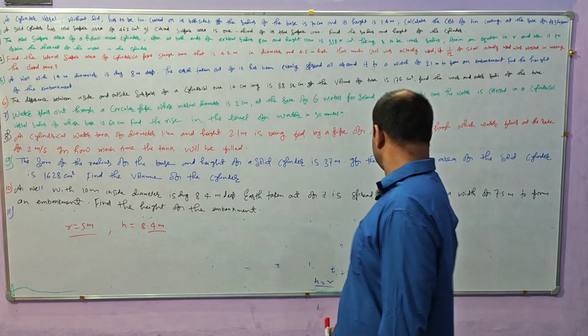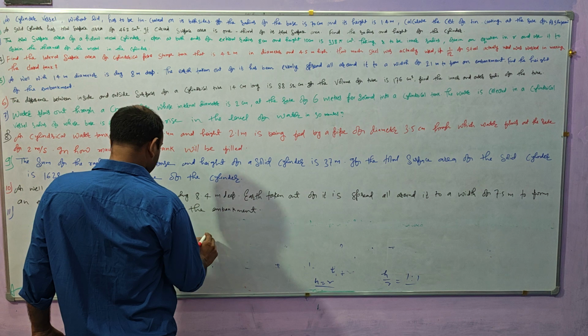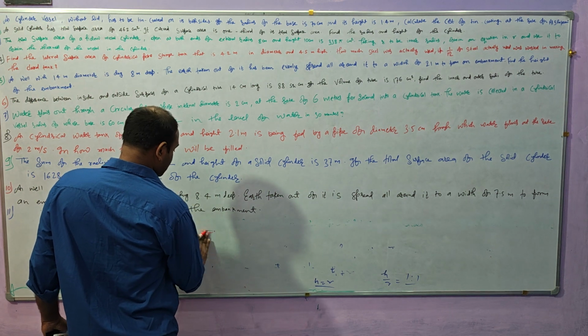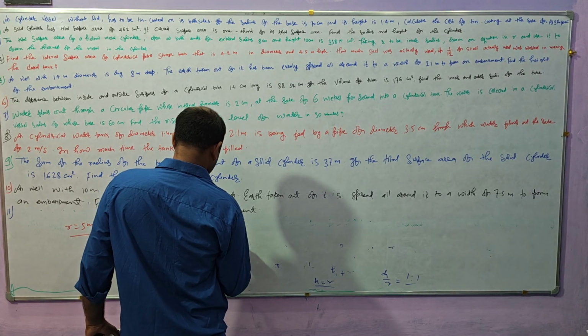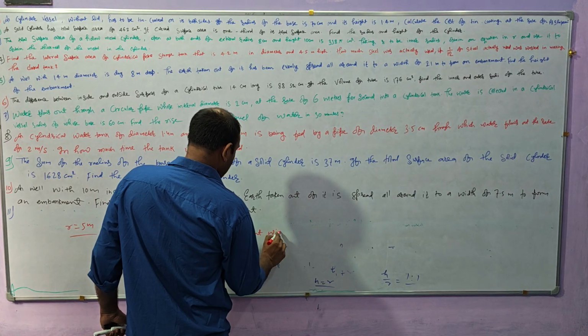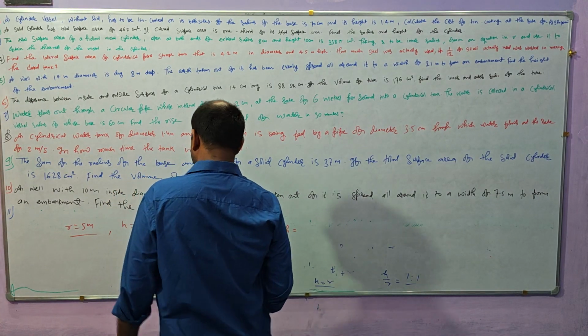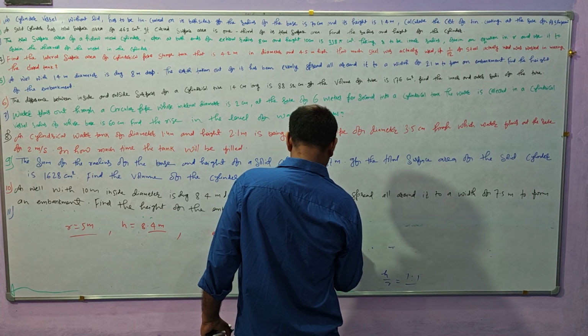So the width of the embankment is 7.5 meter.